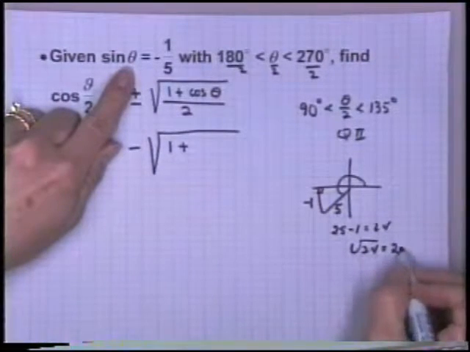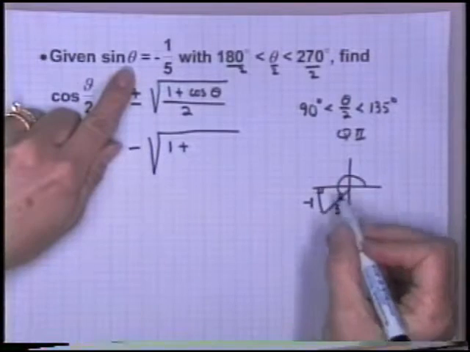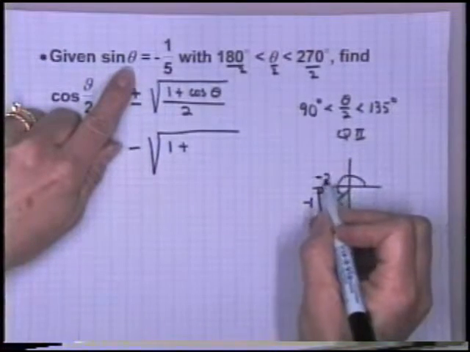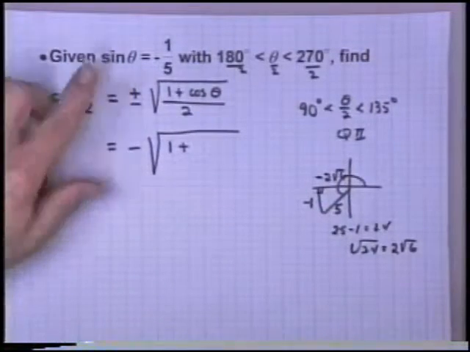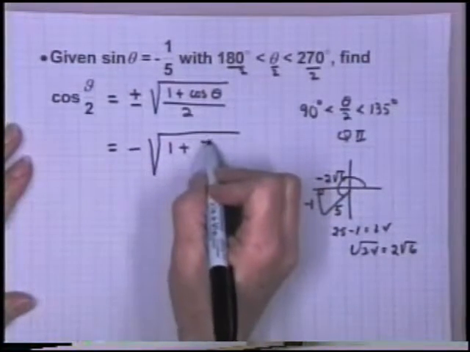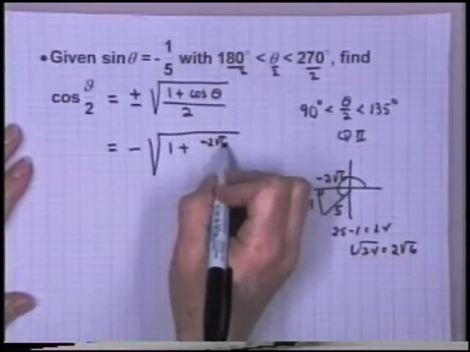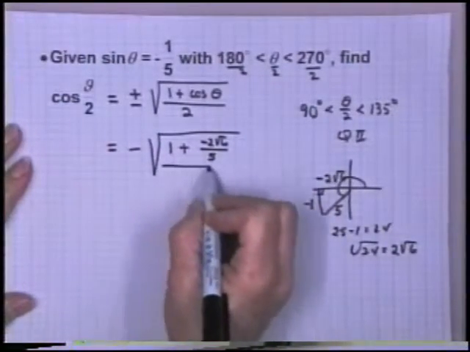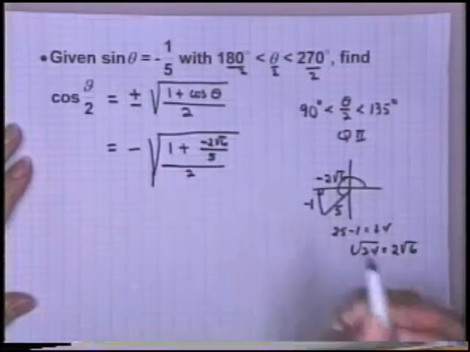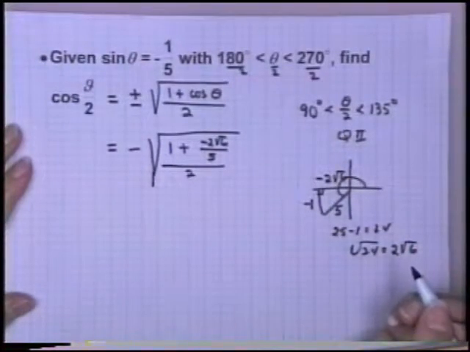The square root of 24, 4 times 6, is 2 square root 6. So remember, this is negative, negative 2 square root 6 here. So the cosine is going to be x, negative 2 square root 6 over r, which is 5. And then all of this is divided by 2.